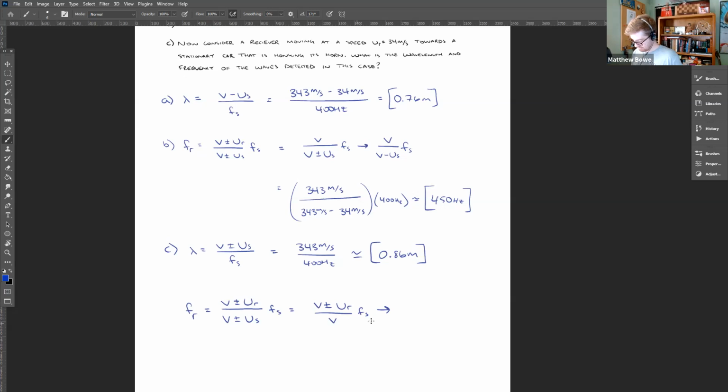Let's see. That's because we want the frequency to get bigger. Remember, let me do a little drawing. It's hard to do this without a drawing. The waves themselves are getting more compact, so we're experiencing more of them. So we want a larger frequency. So how would we make this fraction larger?